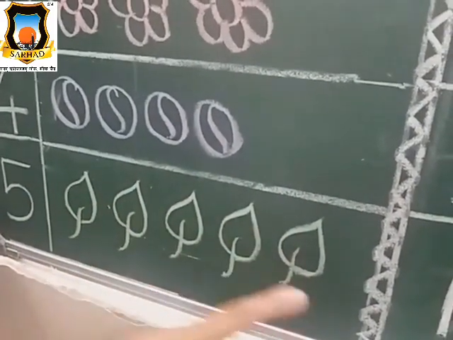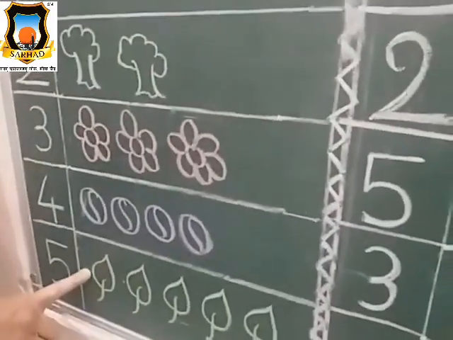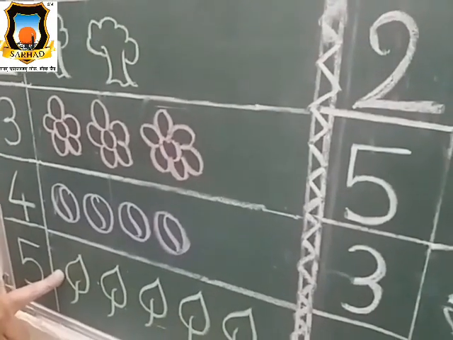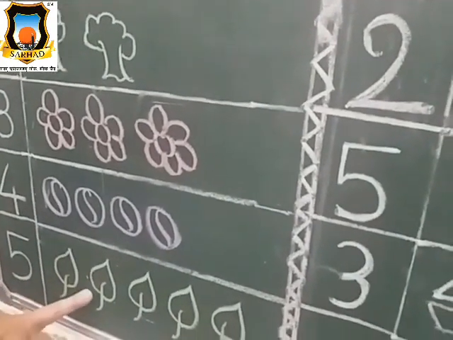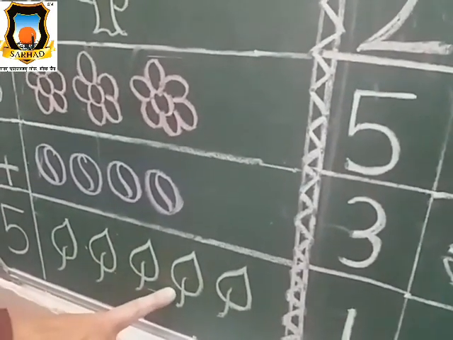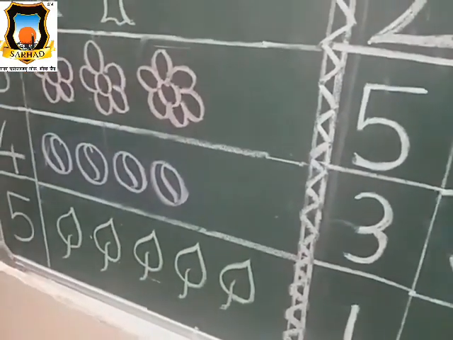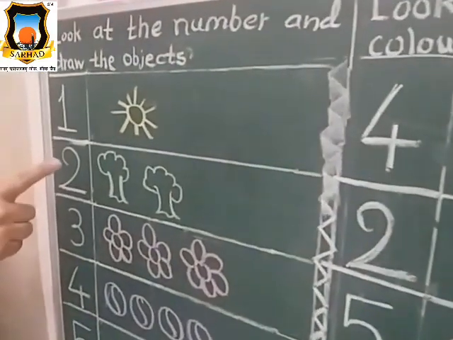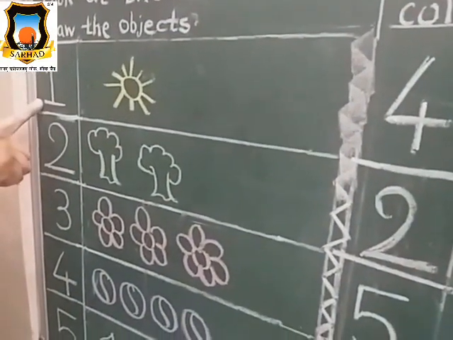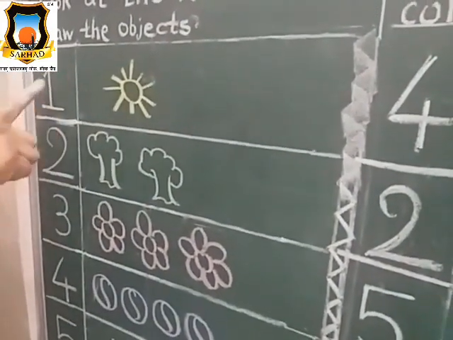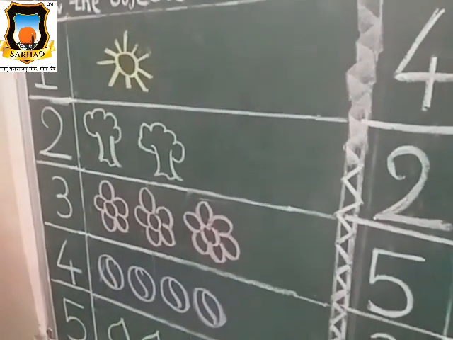These are all 5 leaves. When we draw this object, you have to say the number loudly. 1, 2, 3, 4 and 5. These are 5 leaves. So all of you understand how to draw the object? We have to look at the number and draw the object according to that number.